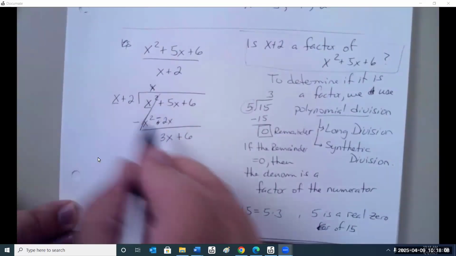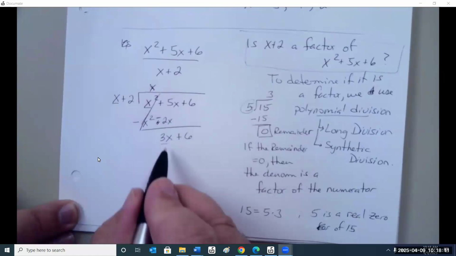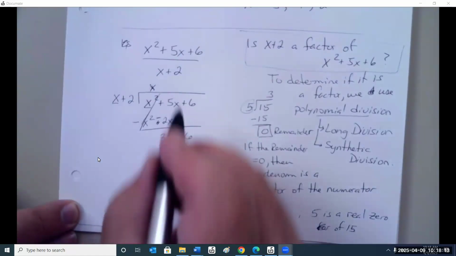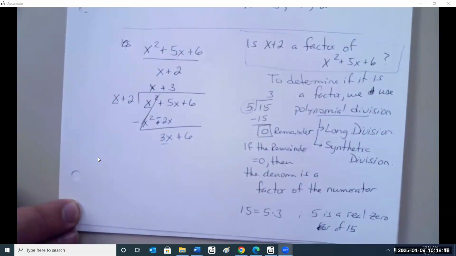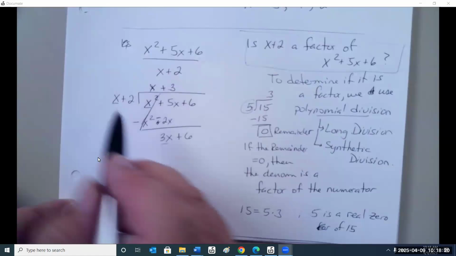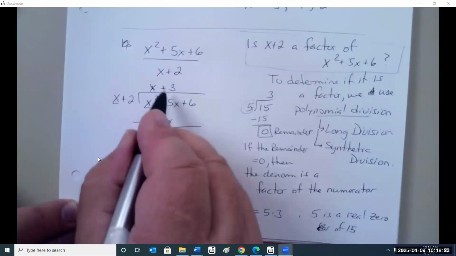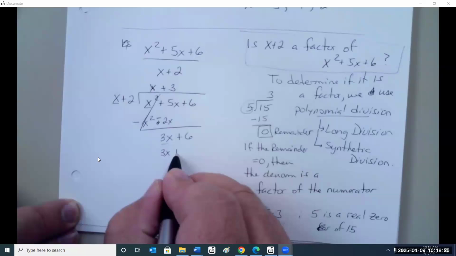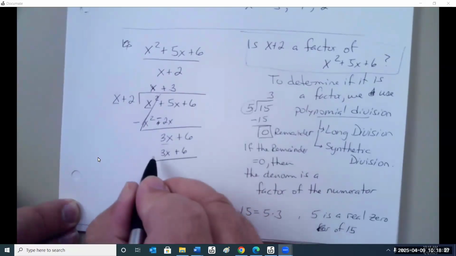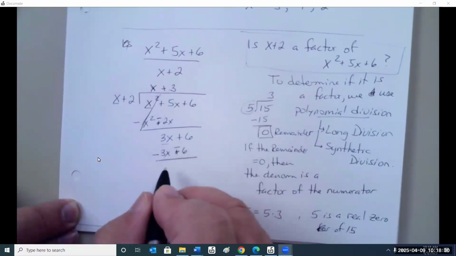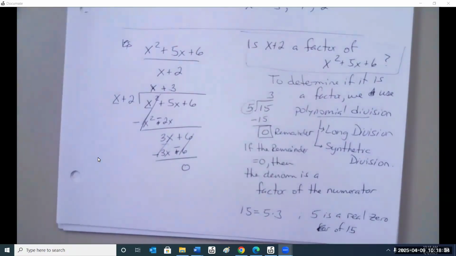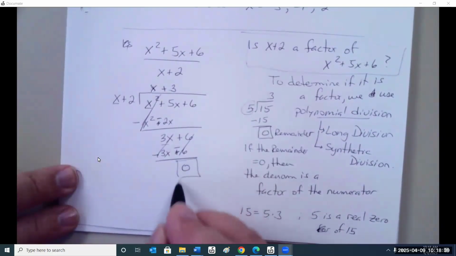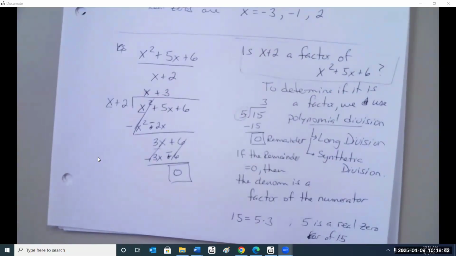Repeat the process. Look at the first terms. What times x gives me 3x? A positive 3. Then positive 3 times x is 3x. Positive 3 times positive 2 is a positive 6. Change the signs and add. So our remainder is 0. So what does that tell us?